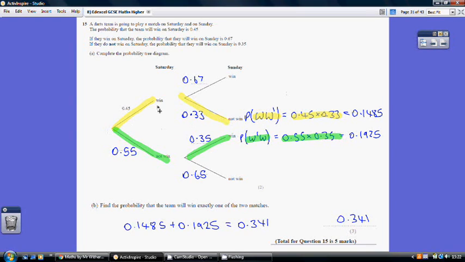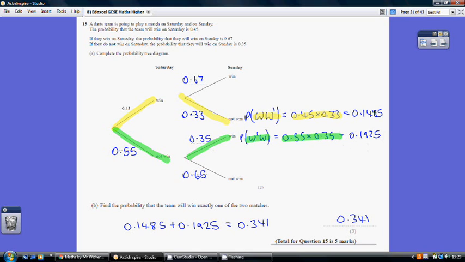So let's start off with the probability of winning then not winning. That's 0.45 multiplied by 0.33. When it's an and, you multiply the probabilities, giving us 0.1485. Now alternatively, we could not win on a Saturday and then win on a Sunday. So that's 0.55 times 0.35, giving us 0.1925.